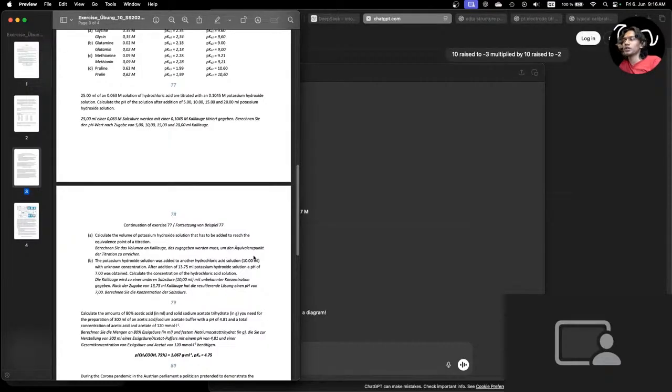So the equivalence point should be between these two volumes.